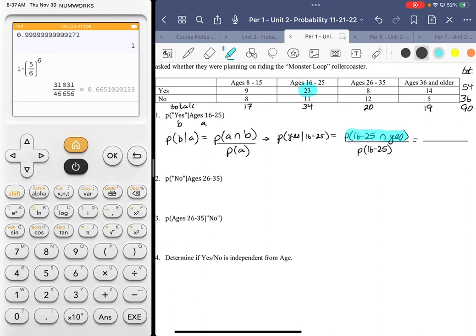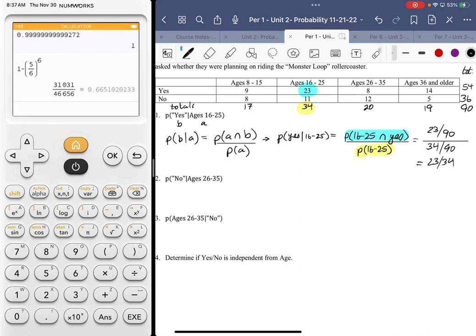So 23 over my grand total of 90 is going to be my numerator. And then the probability of getting 16 to 25, just in general, that's any of these 34 people. So they're both over 90. The 90s cancel. You're left with 23 over 34.